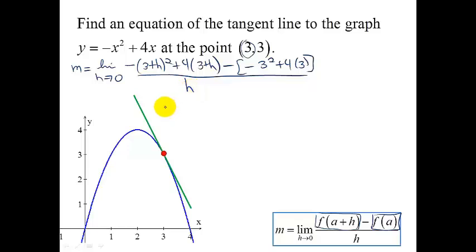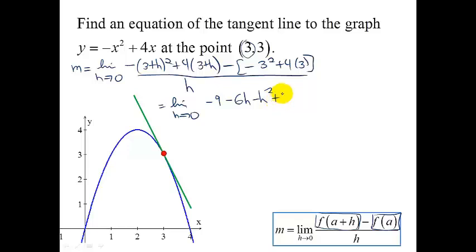So in doing some simplifying, we have the limit as h approaches 0 of, if we multiply this out, we would have negative 9, distributing the negative. And 3h and 3h is 6h, with the negative is negative 6h. Last times last would be h squared, distributing the negative, minus h squared.